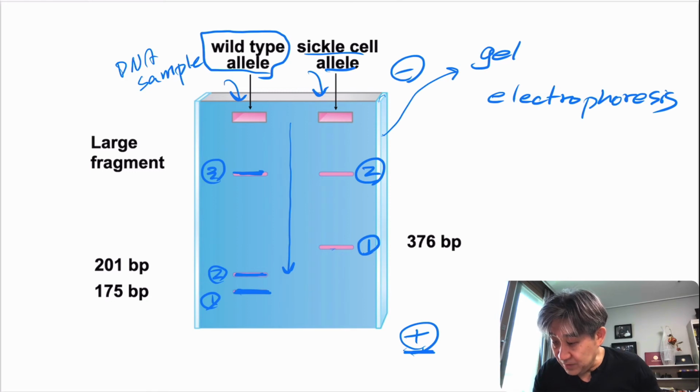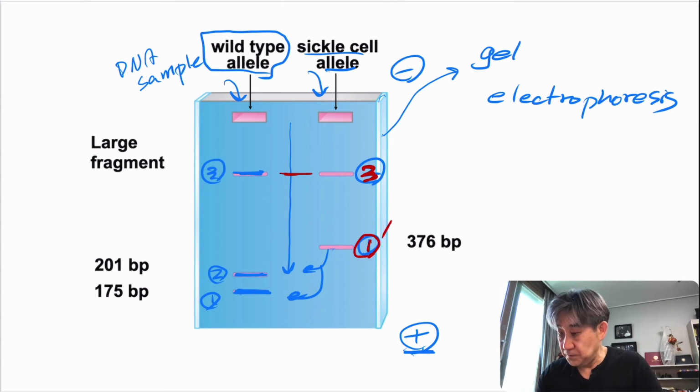Actually, this fragment number 1 is like the combined version of the wild type fragment 1 and 2, right? So I should say this is fragment number 1 prime, and maybe this is exactly identical to fragment number 3 here. Whatever they are, you do have this polymorphism of restriction fragment lengths.